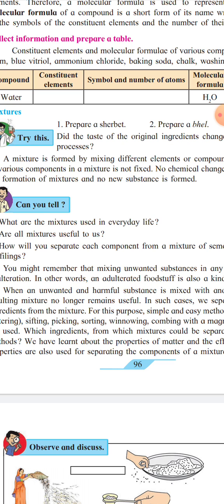In this way, the various types of examples come before us. Are all mixtures useful to us? No. Adulterated foodstuff is also a kind of mixture. It is harmful, because when unwanted and harmful substances are mixed with another substance, the resulting mixture no longer remains useful.